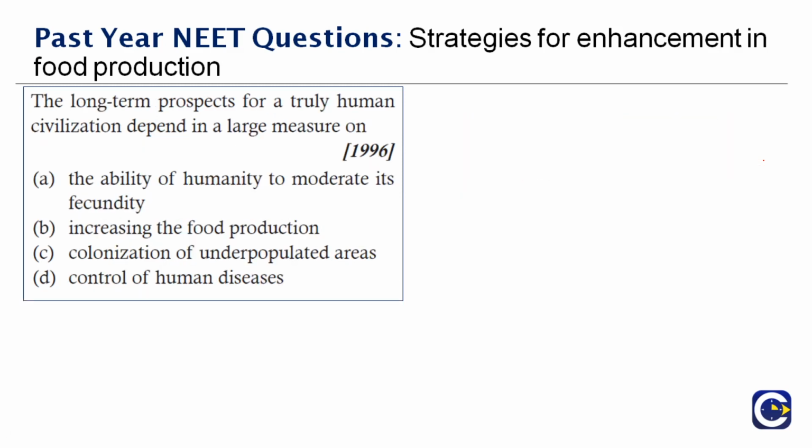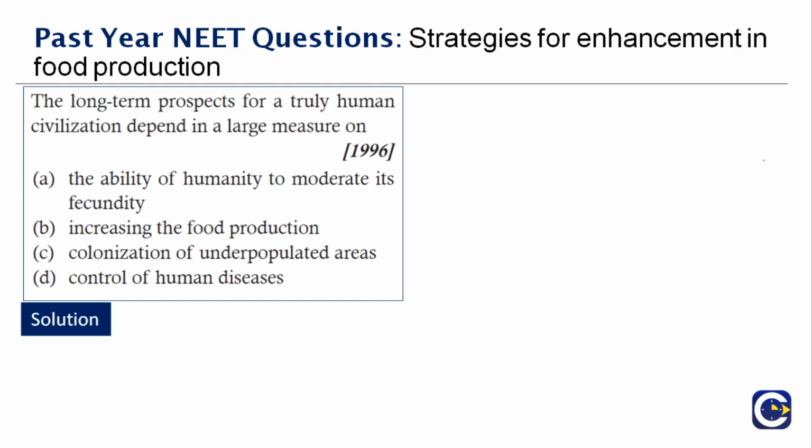Next question here. The long-term prospects for a truly human civilization depend in large measure on dash. Okay, when we talk about human civilization, what is the large measure that we need to take from our side? The ability of humanity to moderate its fluency?